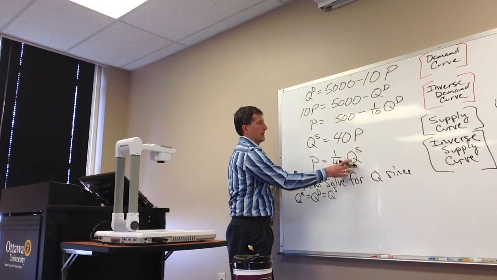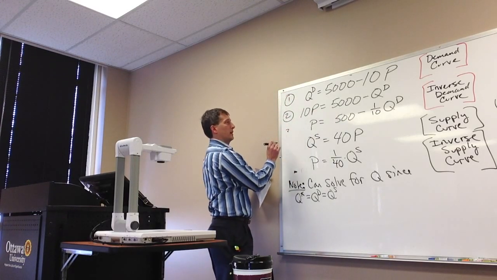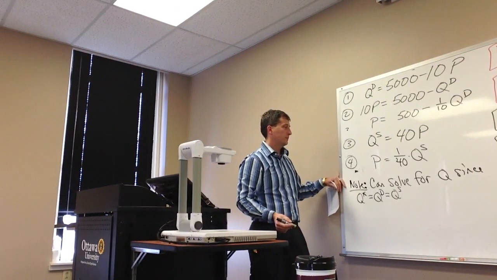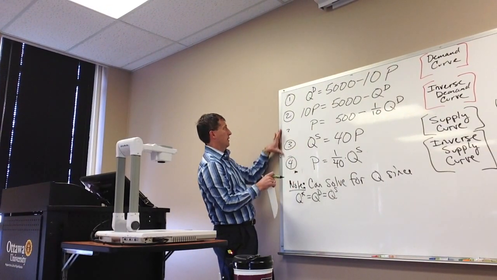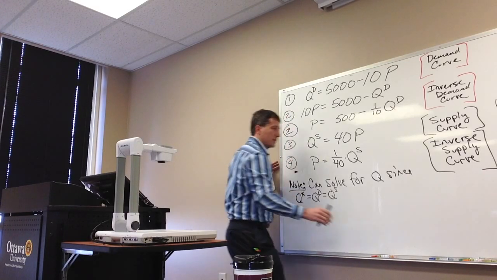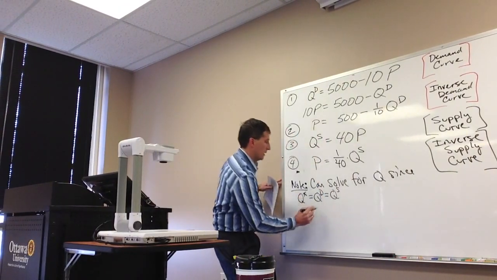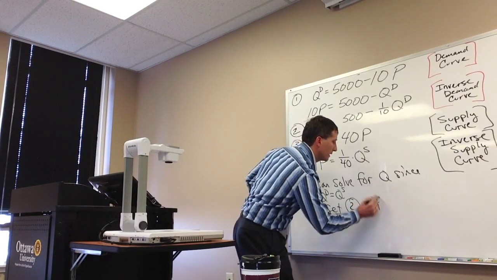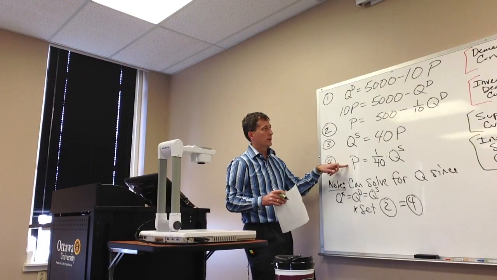And so we can take this equation. Let's label these equations 1, 2, 3, and 4. So if we solve for the quantity, we can set equation 2 equal to equation 4, since we got two p's here that we know are going to be equal to each other.